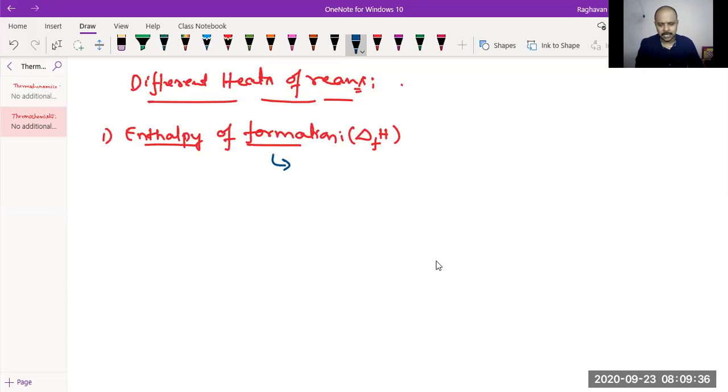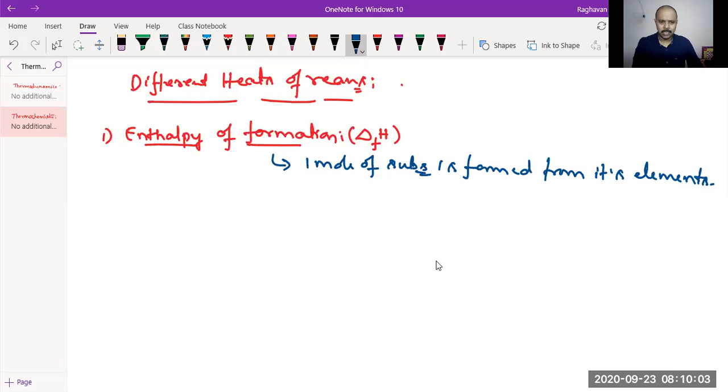It is the change in enthalpy when 1 mole of a compound is formed, 1 mole of that substance should be formed, but the condition is it is formed from its elements only. Then only that enthalpy change can be called enthalpy of formation.